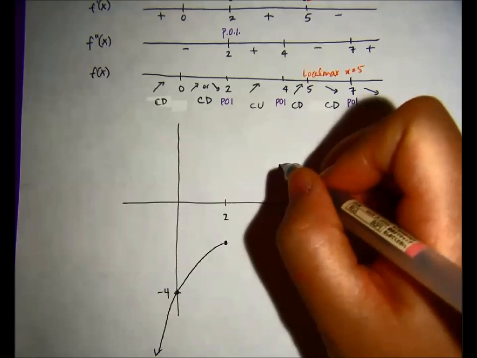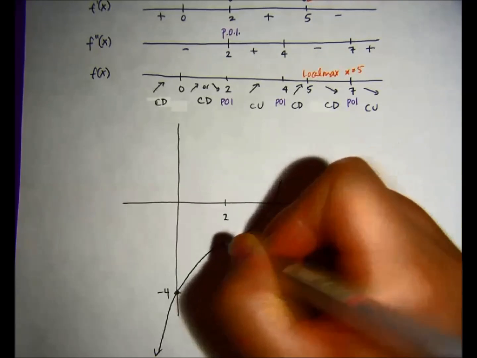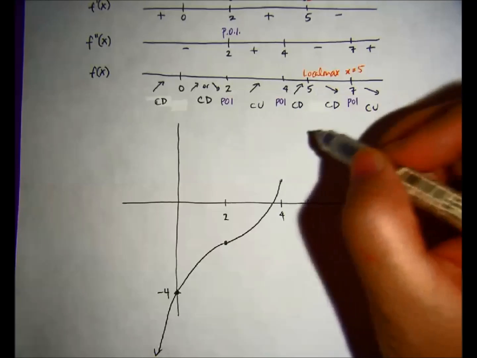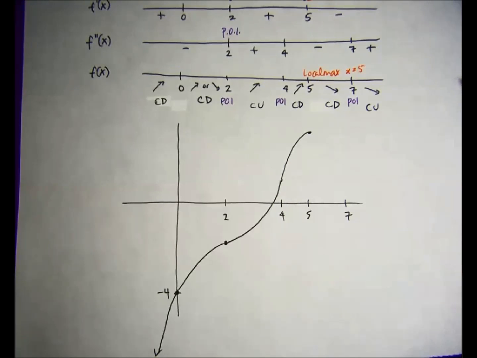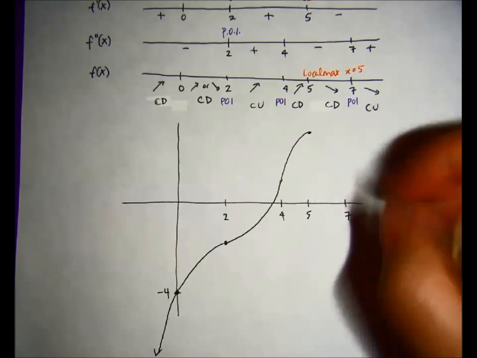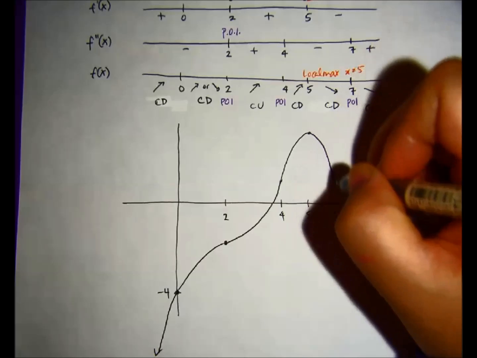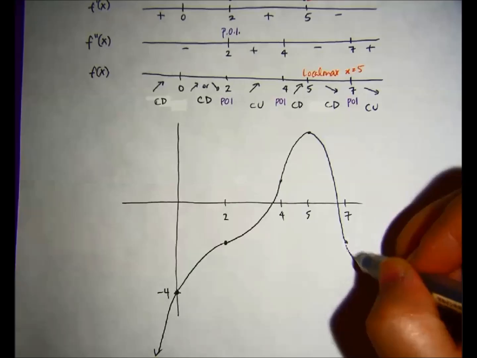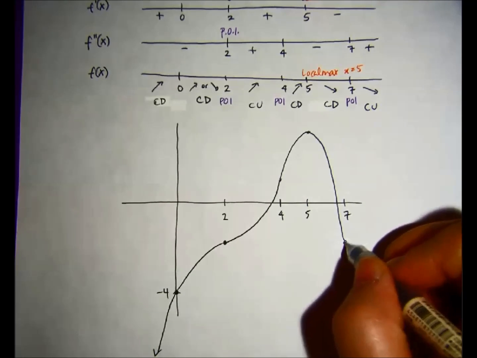And let's say right around here, like so. Okay. Then from 4 to 5, increasing and concave down, and I should have a local maximum, like so. And then from 5 to 7, the function is concave down. So let me put a point right here, concave down, like so. And then from 7 onwards, concave up. So this is one possible sketch of my function.